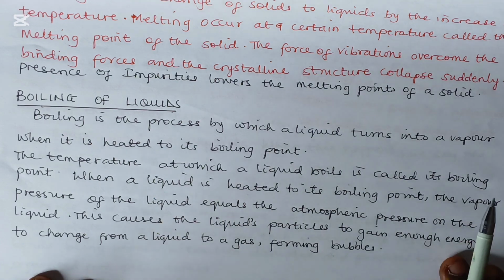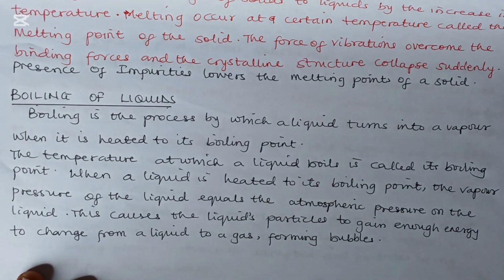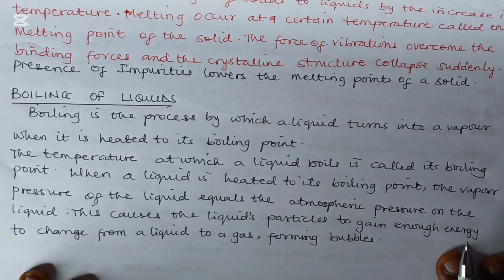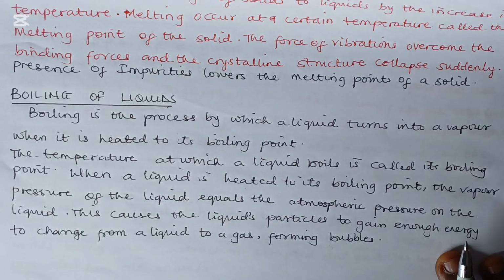So what actually happens? Using the kinetic theory to explain boiling, I told you that particles are always moving. That is the basis of the kinetic theory. The particles of liquids, solids and gases are always moving.